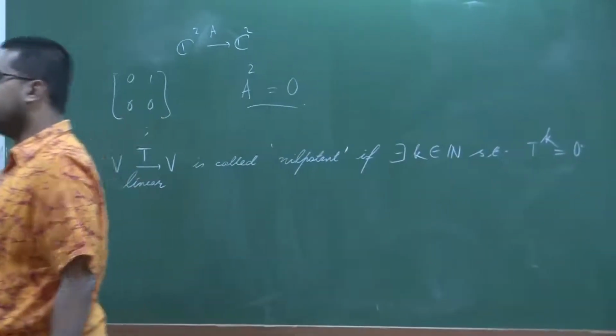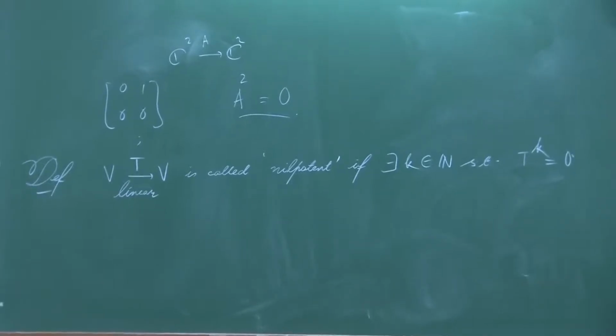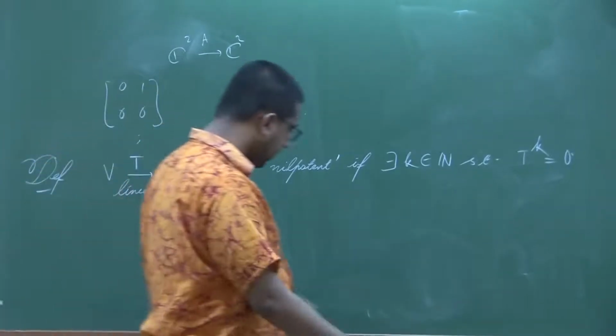That is, composing T with itself k times will give you the 0 operator.